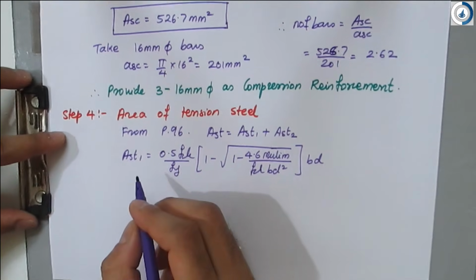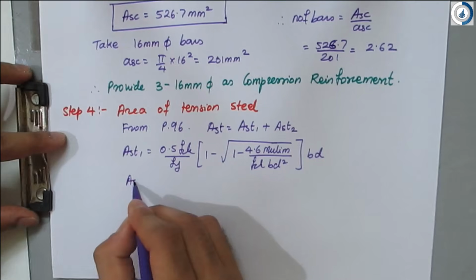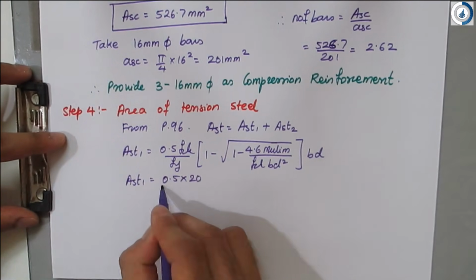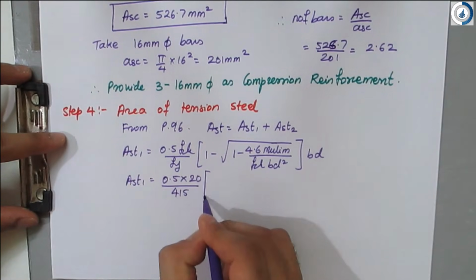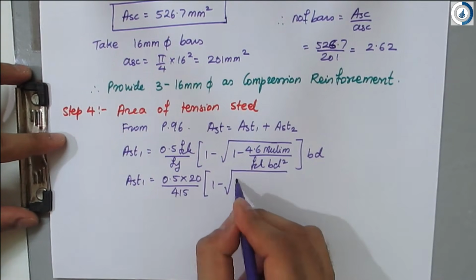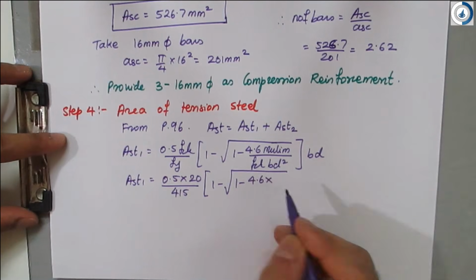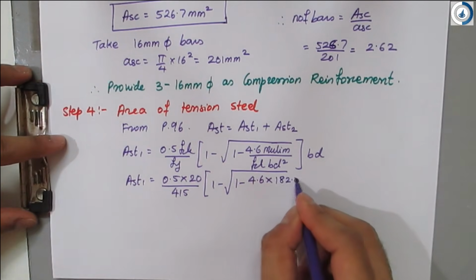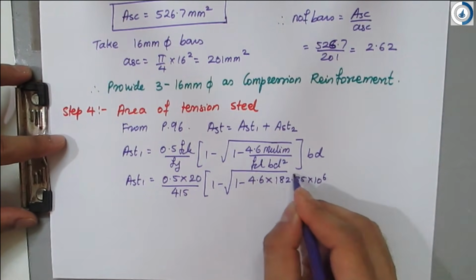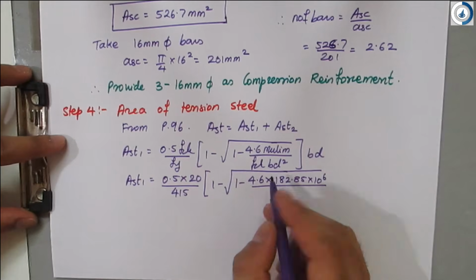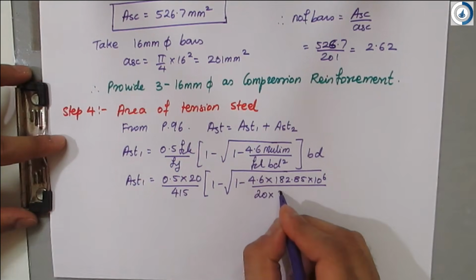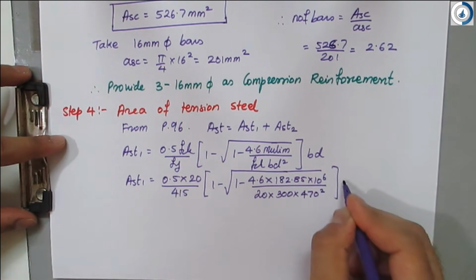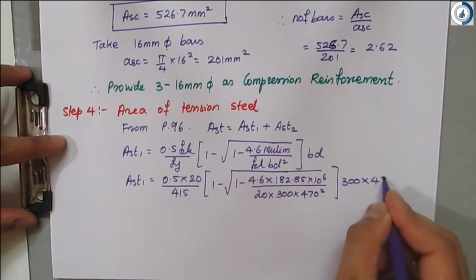So after substituting the values for AST1: 0.5, FCK is 20, Fy is 415, 1 minus root of 1 minus 4.6, Mu limit the value was 182.85 into 10 raised to 6, because we are converting it into Newton millimeter, divided by FCK is 20, B is 300, D is 470 square, into 300 into 470.